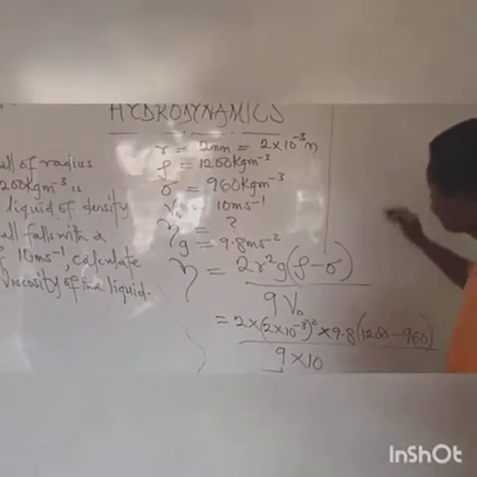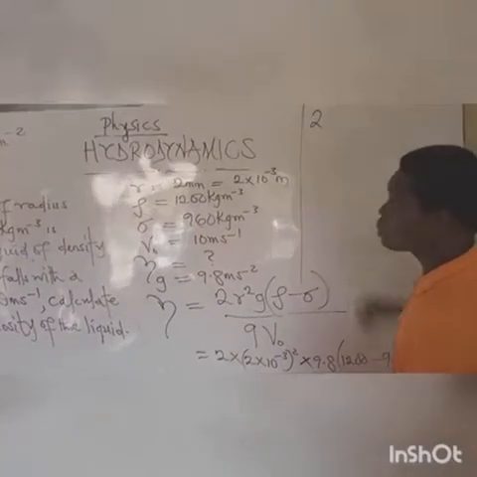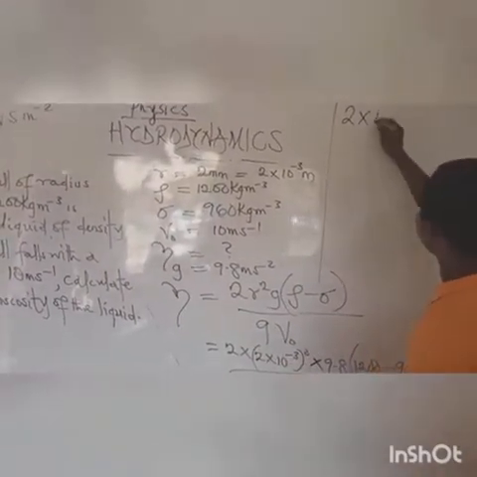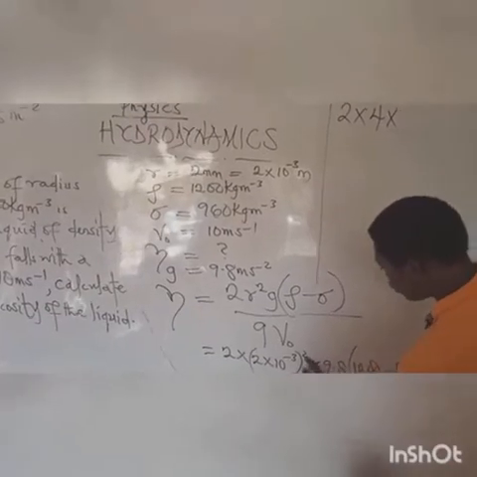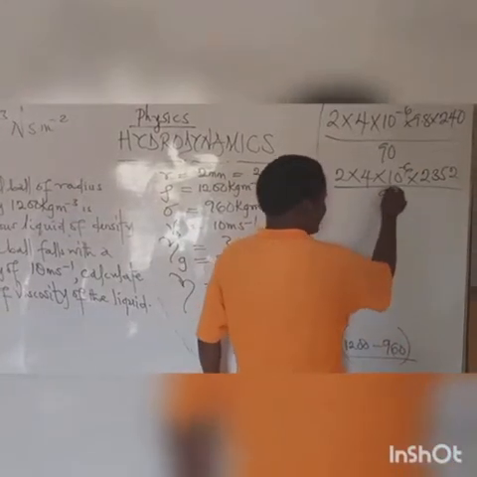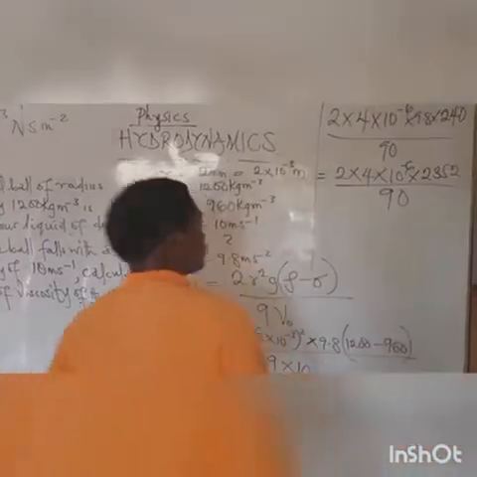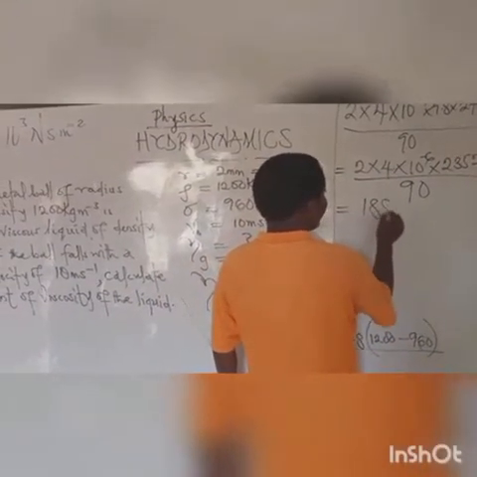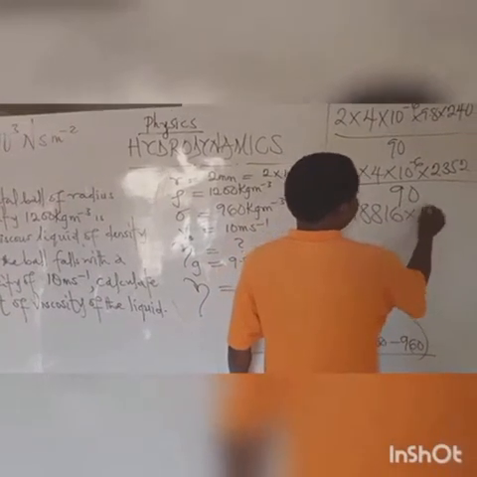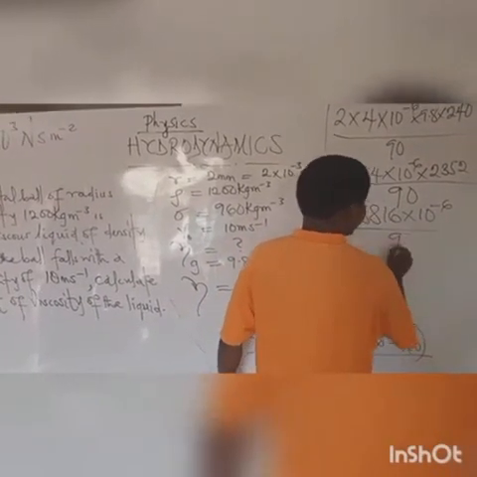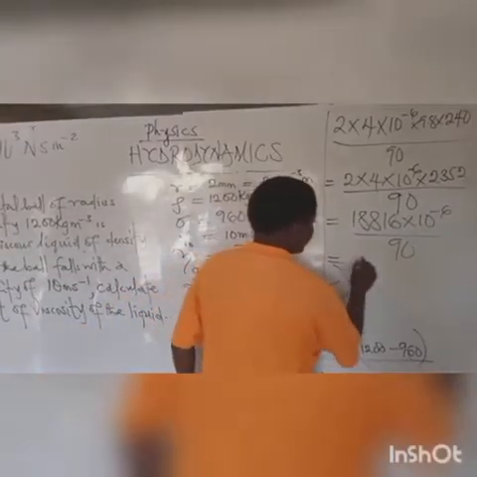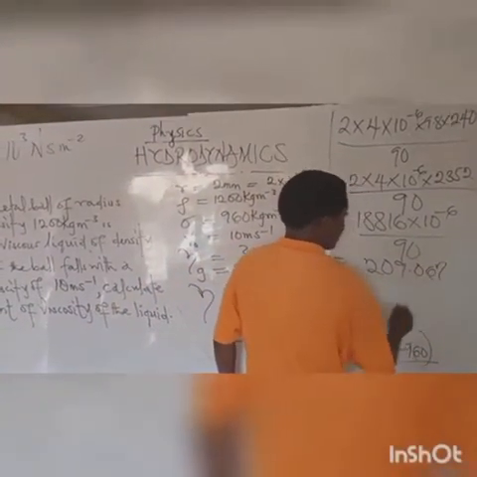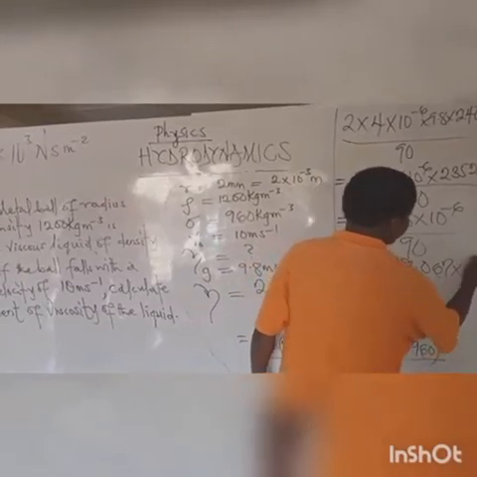So we are going to have 2 times the square of 2 here is 4 times 2 by 90 is equals to 18,816 times 10 raised to the power minus 6 divided by 90 is equals to 209,067 times 10 raised to the power minus 6.